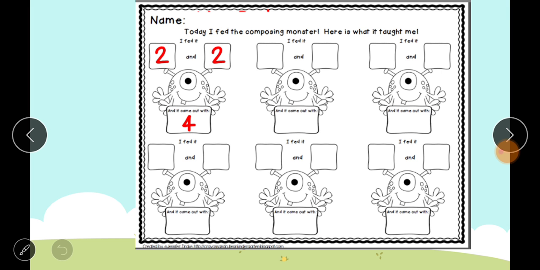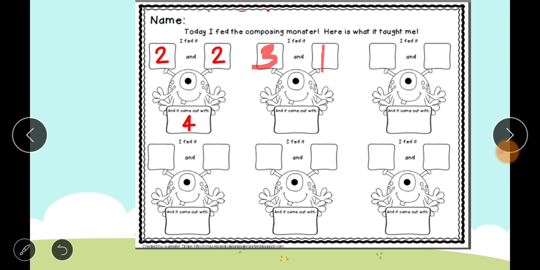Okay, let me expand this. Let's put 3 and 1. So I fed it 3 and 1 and it came out with what?